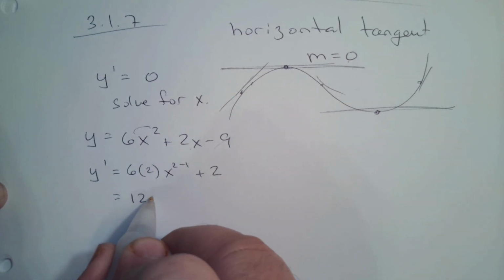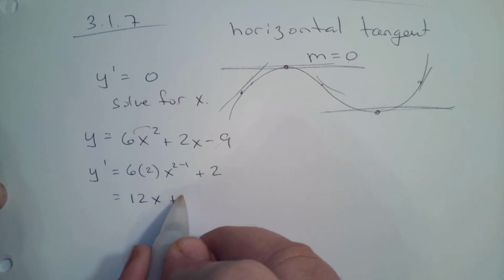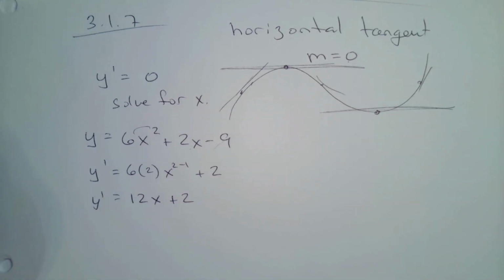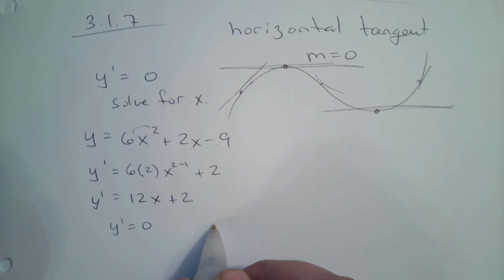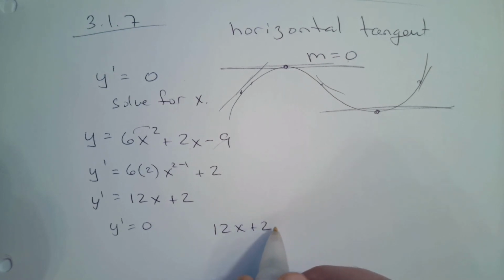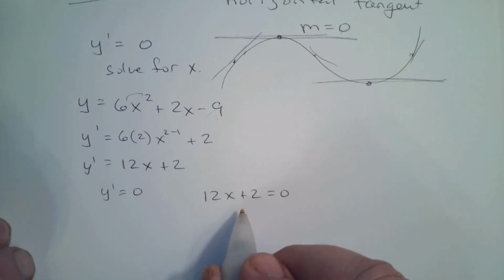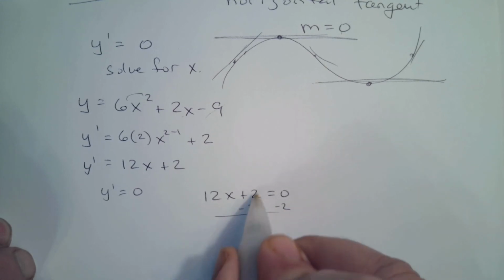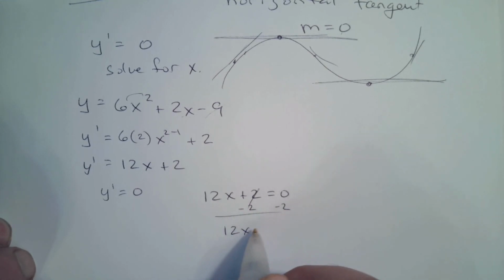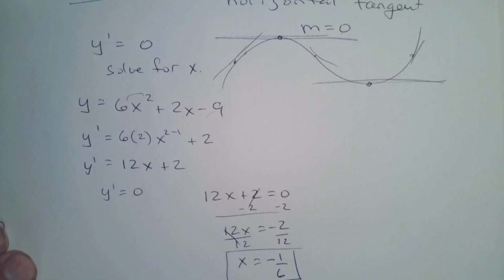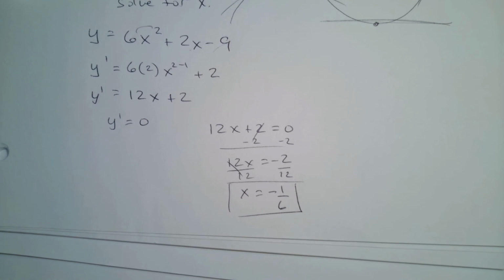So it's 12x plus 2. Set y prime equals 0, so we have 12x plus 2 equals 0. Solve for x. We have 12x equals negative 2. Divide by 12. X equals negative 1 over 6. So that's the x component.